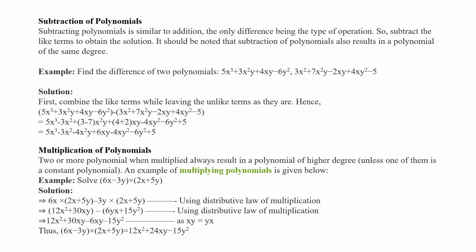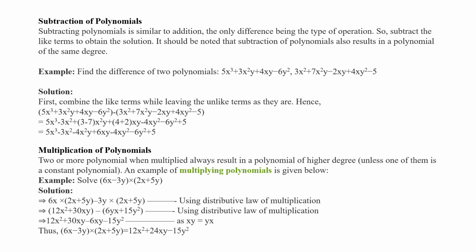In the first bracket there are two terms, so the first term you have to multiply with the whole bracket of the second term.